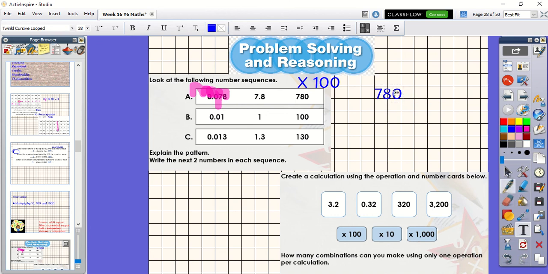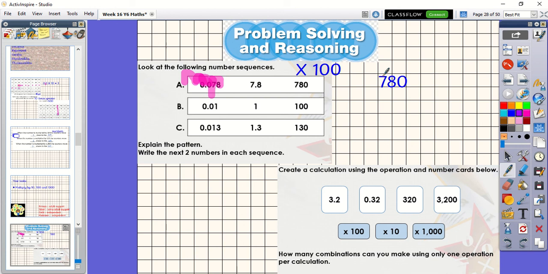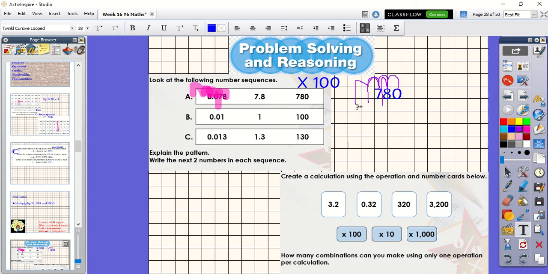Let me just get a pen. Here we go. So start with your 7, 1, 2. So your 7's going to then come there. Your 8, 1, 2. Your 8 is there. And your 0, 1, 2. So your new number, 780, is going to be here.